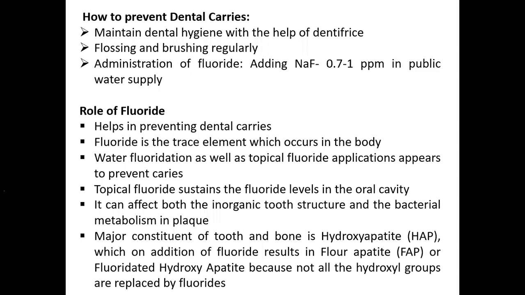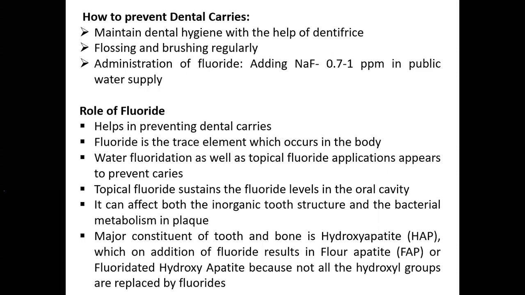It can also affect both the inorganic tooth structure and the bacterial metabolism in the plaque. So it affects the metabolism caused by bacteria due to intake of carbohydrates from the food. Now this is again a revision point for you.